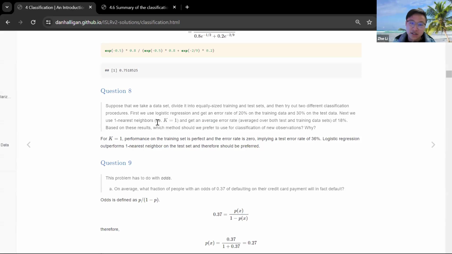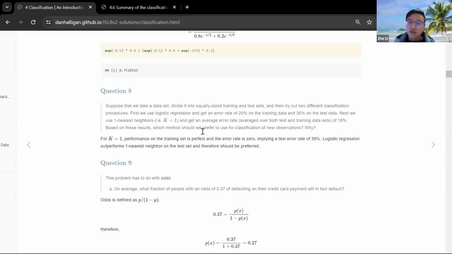And we know that the first nearest neighbor is the most flexible because it just focuses on the nearest neighbors of our observations. So we can assume that the error rate of this model on the training set is equal to 0.